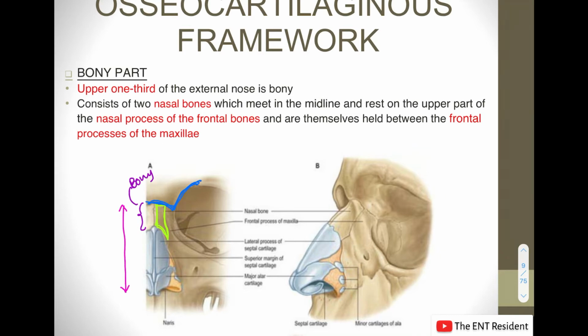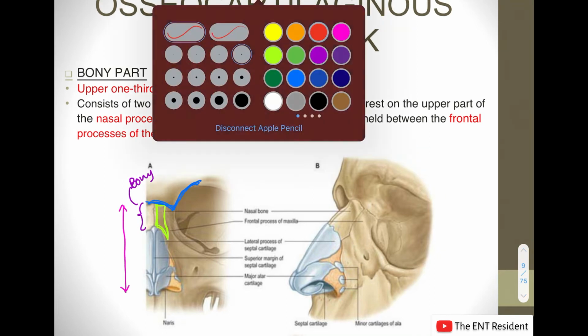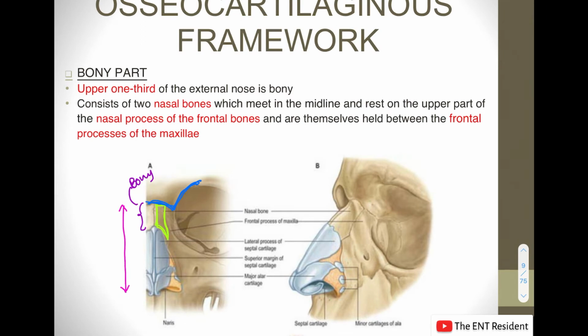So they are resting on the nasal process of the frontal bone, and they are themselves getting held between the frontal process of the maxilla. So as you can see, these three bones help in forming the bony part of the osteocartilaginous framework of the external nose.